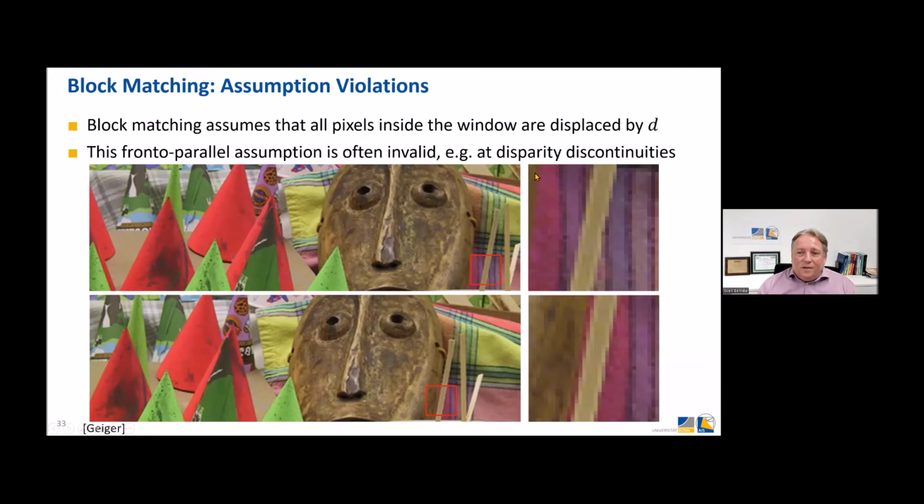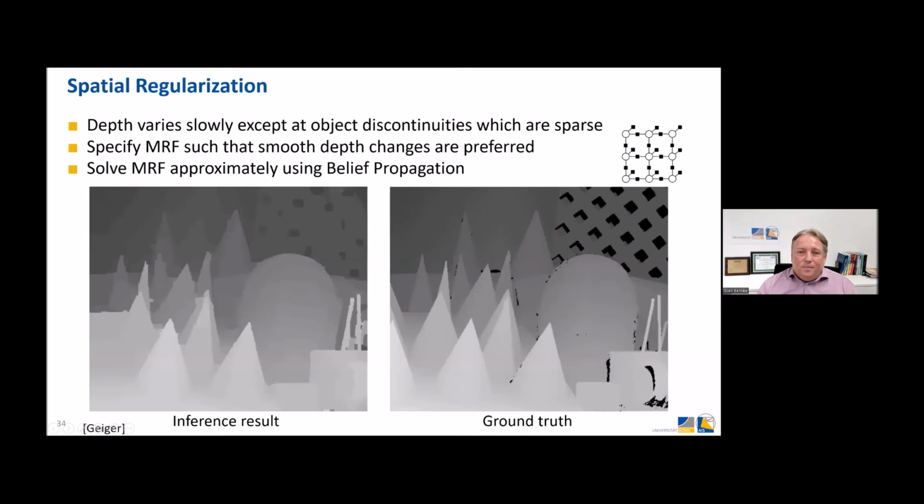Like when we have disparity discontinuities like here, then the local patch looks quite different and our assumption is violated. But fortunately, we can incorporate some knowledge about the world. For example, that depth varies slowly except at object discontinuities, which are rare and sparse in our image.